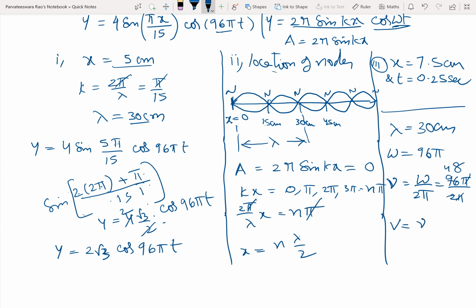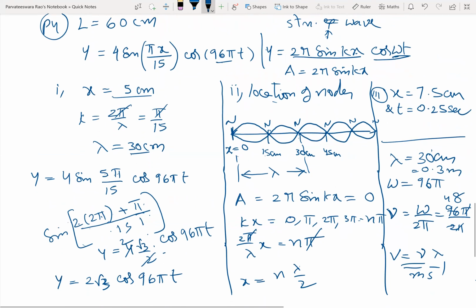So v is equal to nu into lambda. This will give you the speed. If you want, you make it 0.3 meters. Then you will be getting the speed in meter second inverse. So this is a problem based on stationary waves.